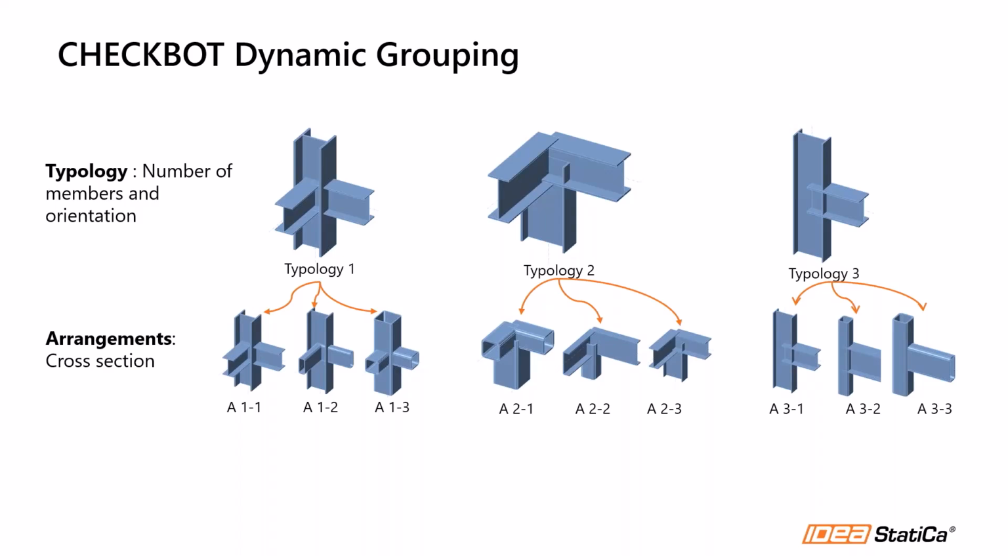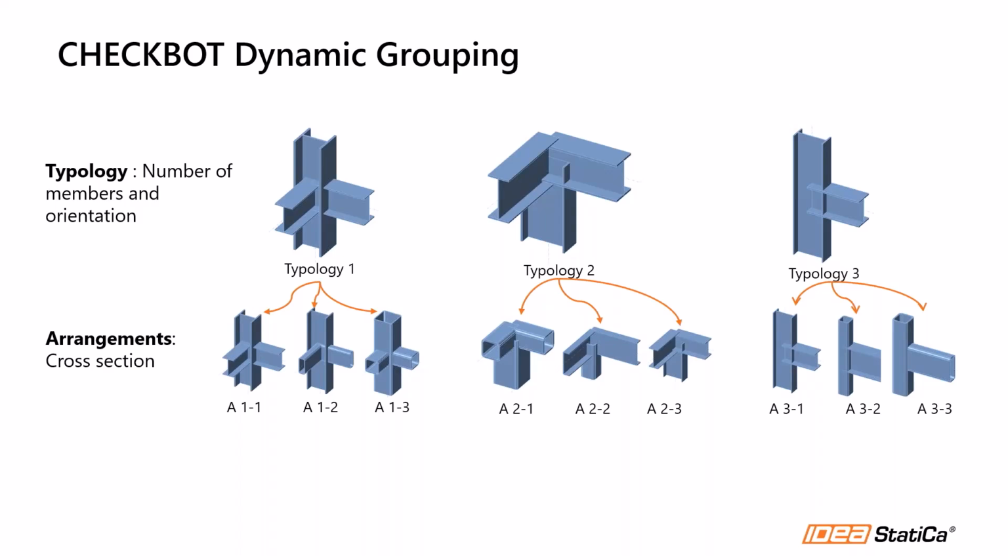You can see some examples in this slide: in the first typology, we have 2 beams to 1 column, and from that typology, we have 3 arrangements, defined by different cross sections, and then the same for typology 2 and typology 3. So this is the automatic grouping that Checkbot does once you import a structure.